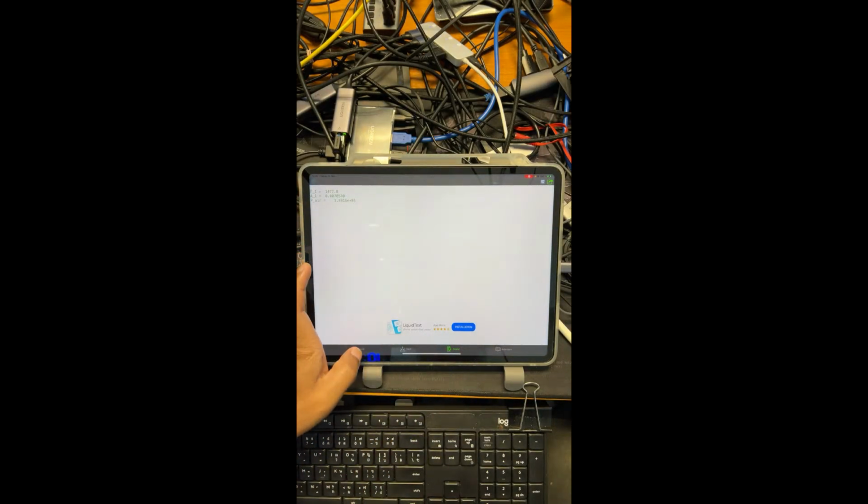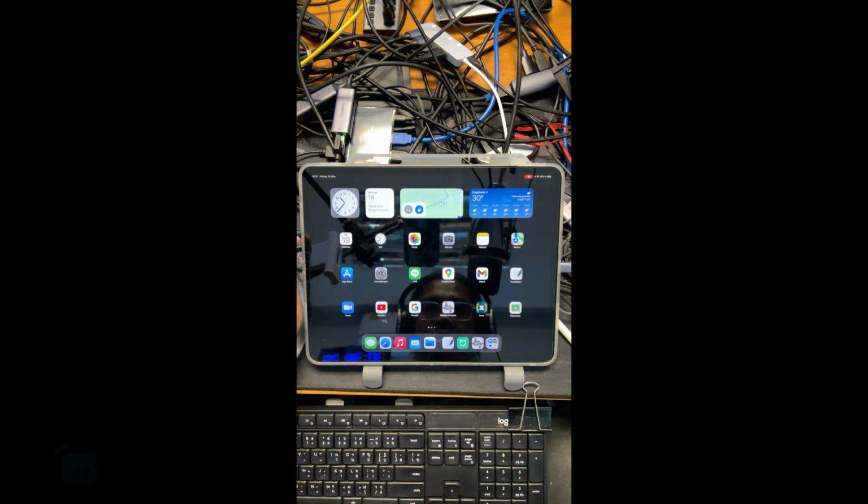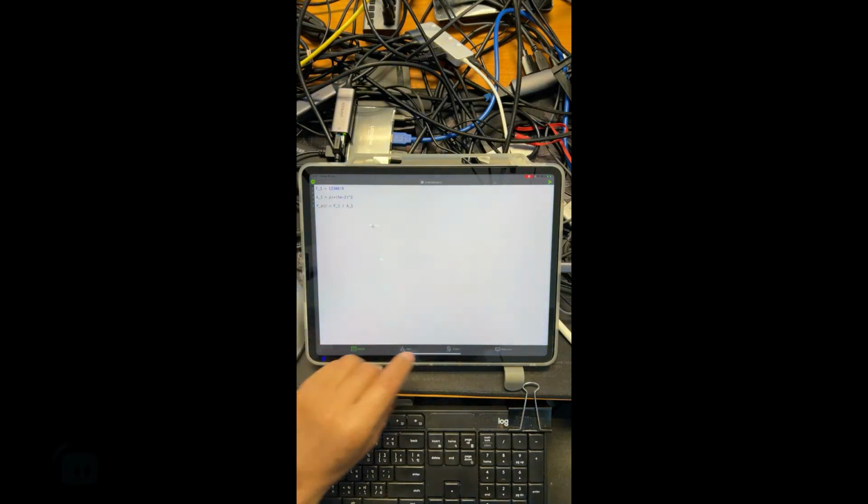And yeah, this is the area, pi 5 centimeter square, and P is F1 by A1. So yeah, like that. We have to calculate it.